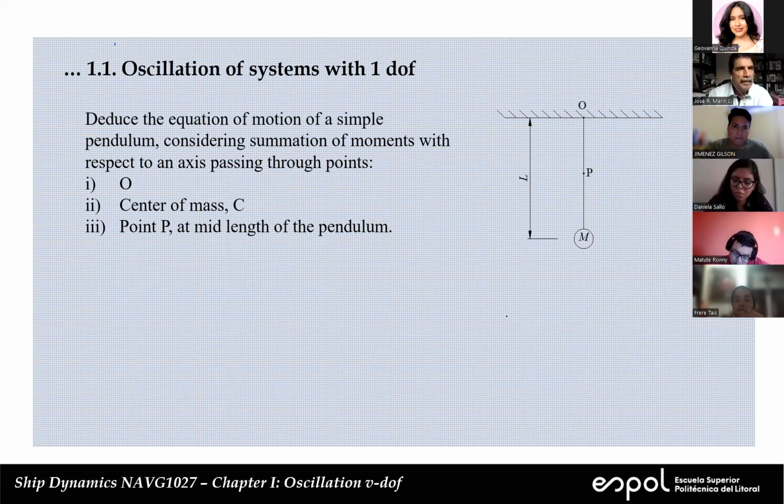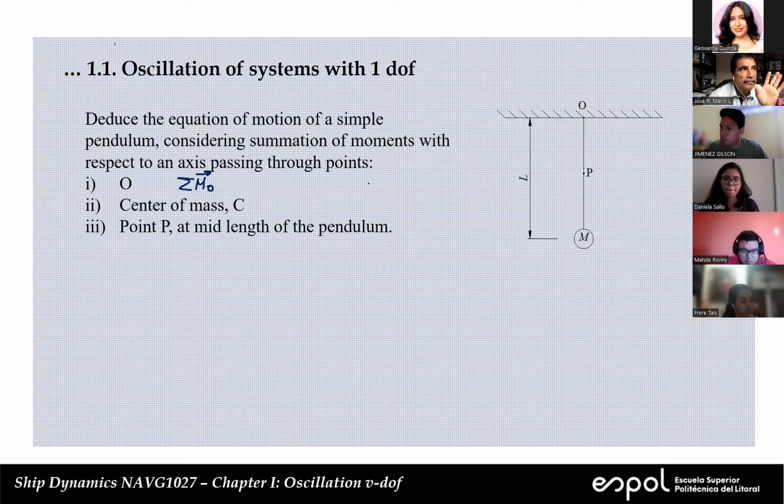Now, if we consider point O as our reference point, we can say that the summation of moments about O, in this case R sub P double dot is 0, so I'm not going to include it, is equal to J0 theta double dot.